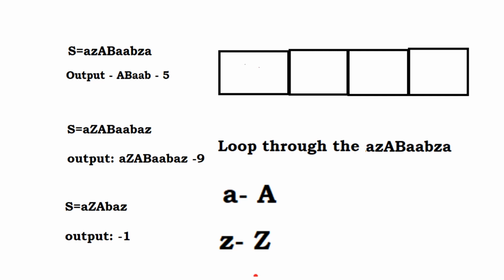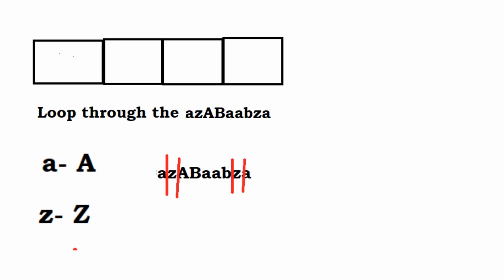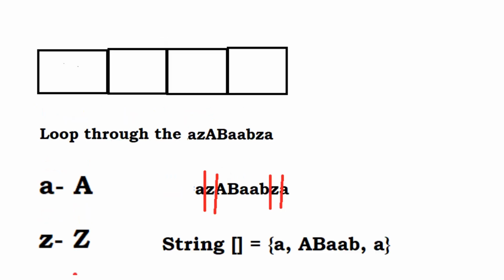As we don't find the corresponding uppercase of Z here, we are going to split the string into multiple substrings based on the delimiter Z. We are going to use Z as a delimiter and break the whole string into multiple substrings. So when we split the string on the delimiter Z, you get three substrings.